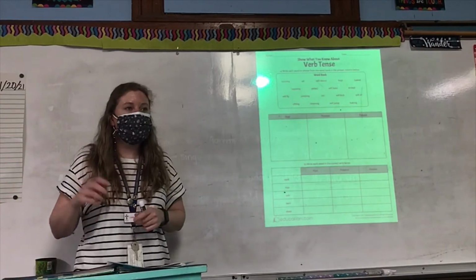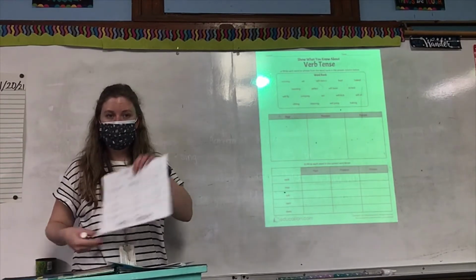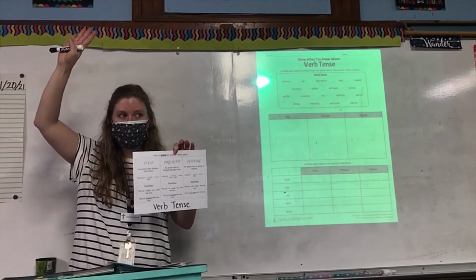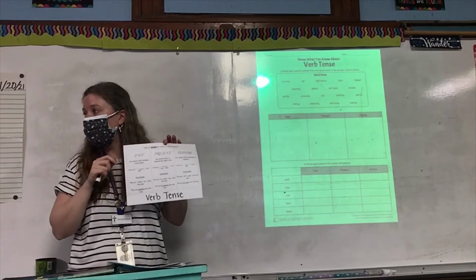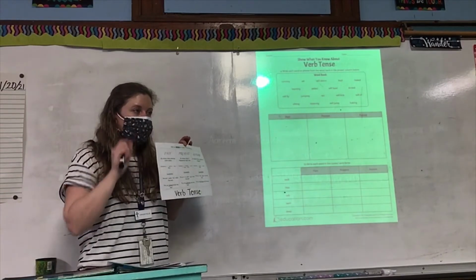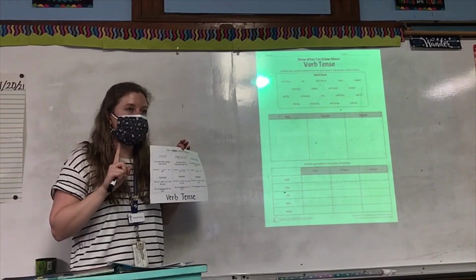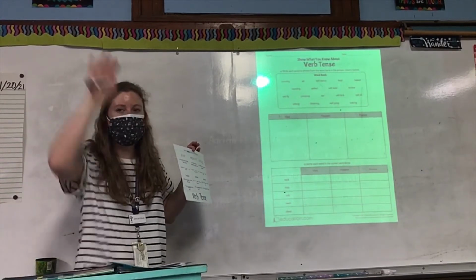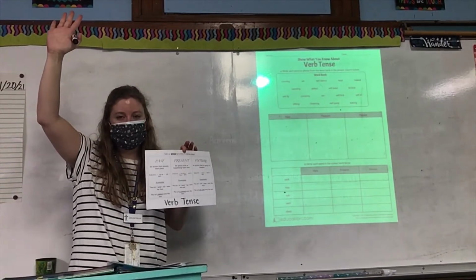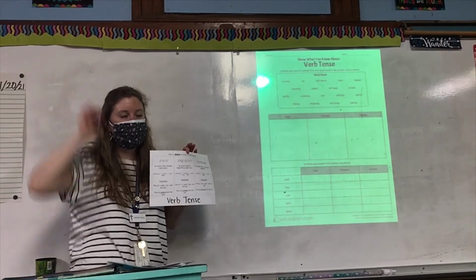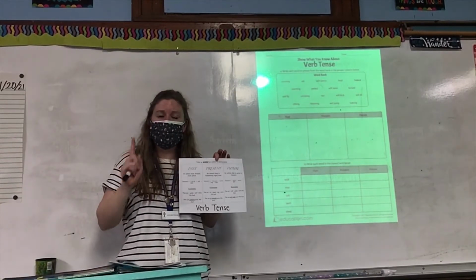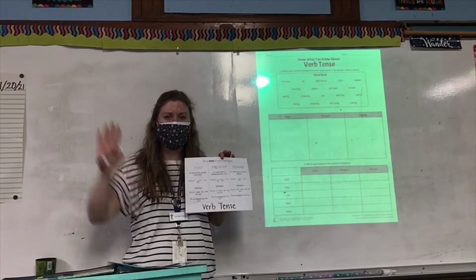If a verb ends in ED, what tense is it? Aaron: past. If a verb ends with nothing, but has the word will before it, what tense is it? Zadie: future. What if the verb has nothing at the end of it and no word at the beginning?